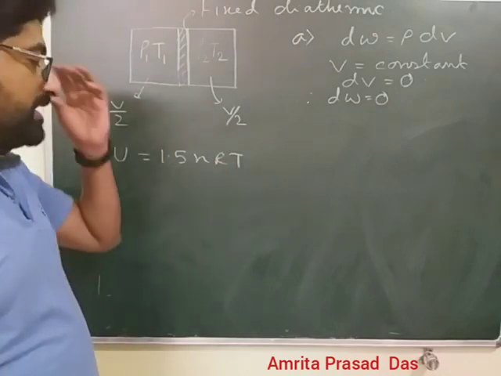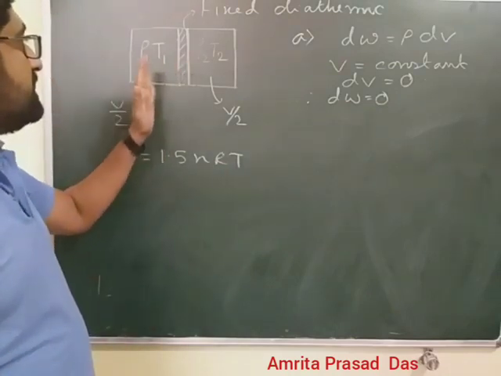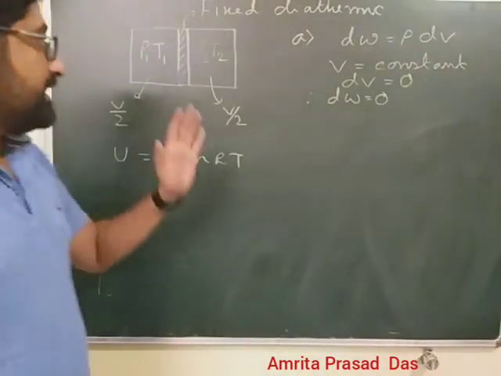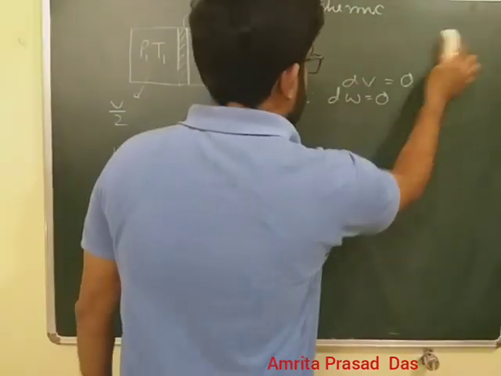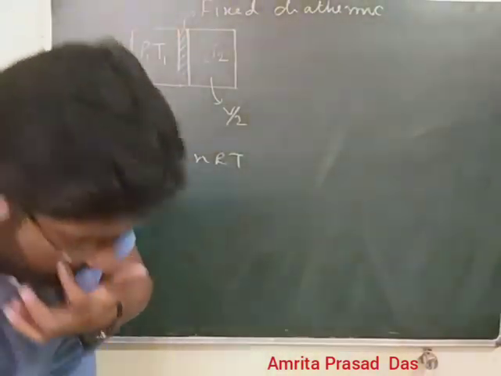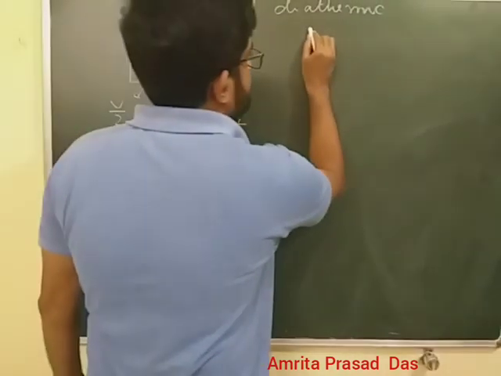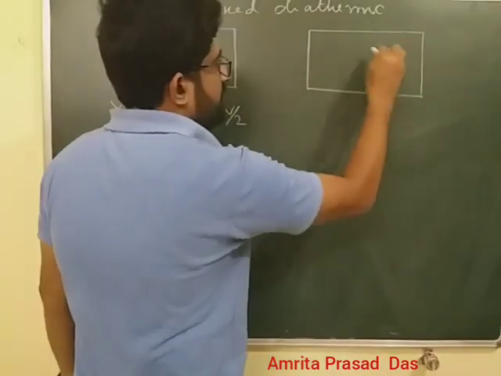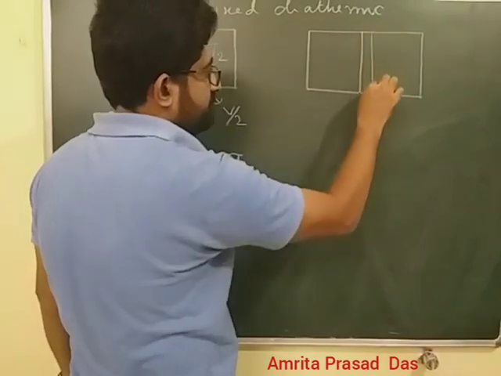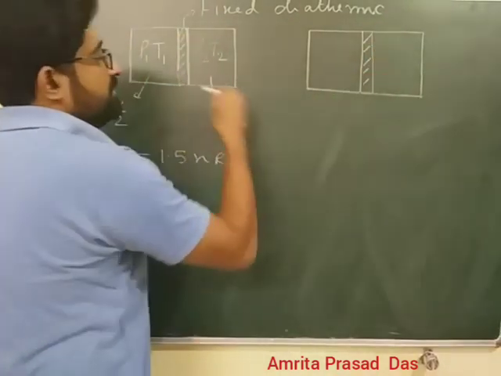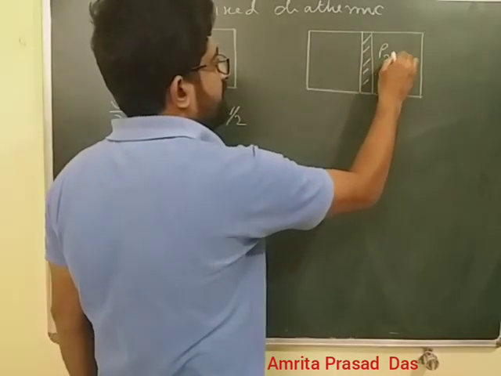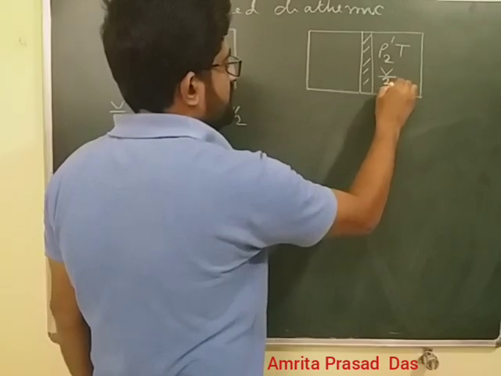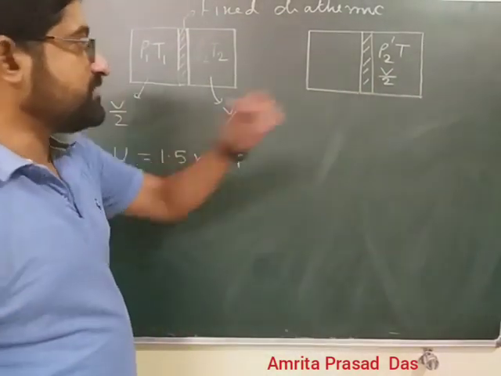Now in the second part you are asked to find out the final pressure of the two sides, that is the right side and left side, and the final temperature. Let us consider, after a long time the pressure of the right side becomes P2 dash, temperature becomes T, and volume is V by 2 as this one is fixed.